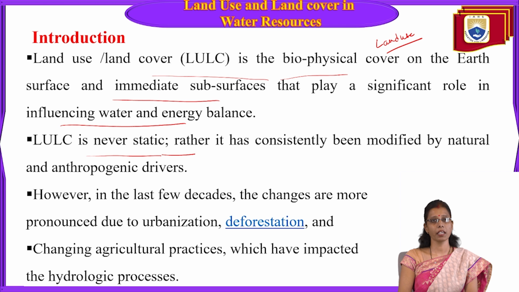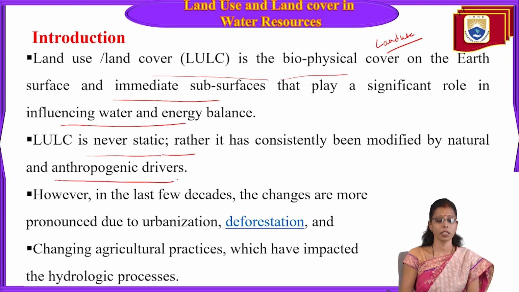Same thing with land cover: there is a lot of natural vegetation present in such an area. Later the vegetation will vanish and be converted to construction activities. All these changes we can see because land cover is dynamic in nature. It keeps on changing due to anthropogenic drivers.